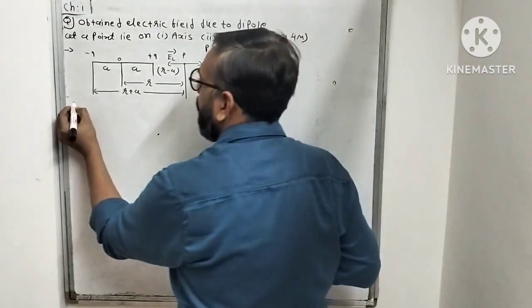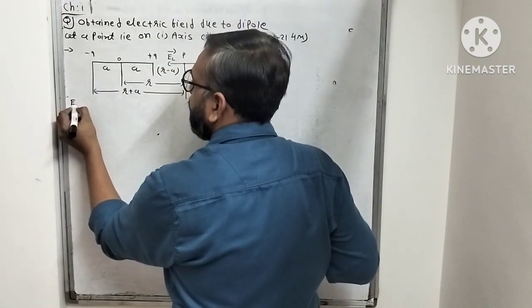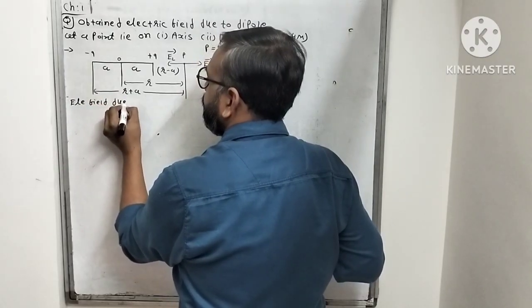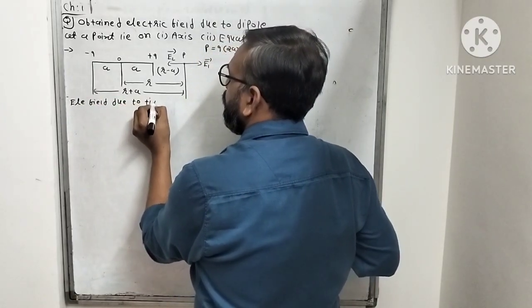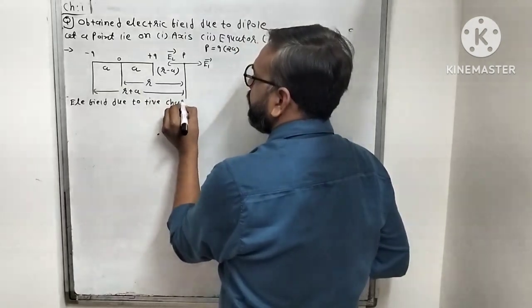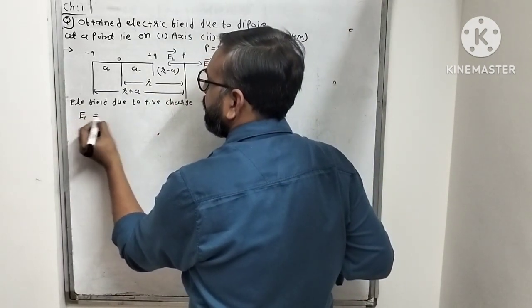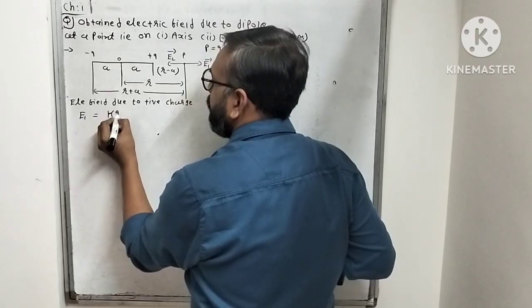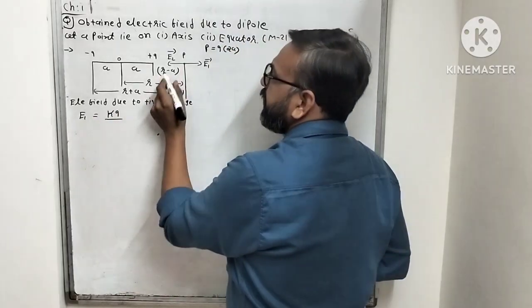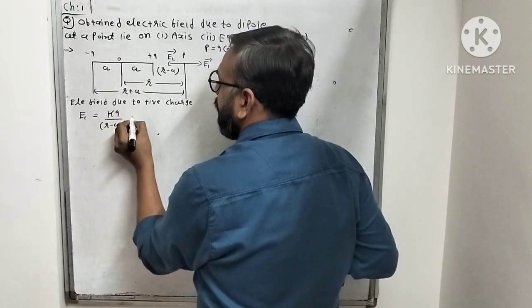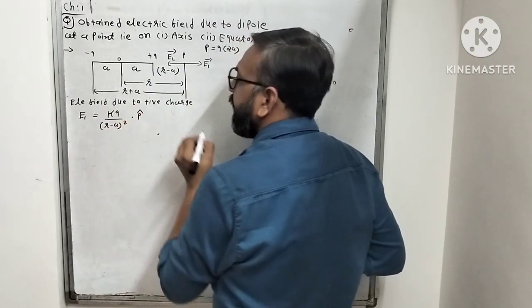First of all, the electric field due to the positive charge. We can write E1 equals KQ upon distance square into P caret.